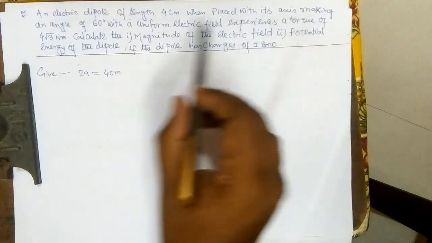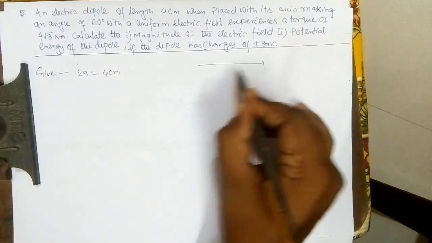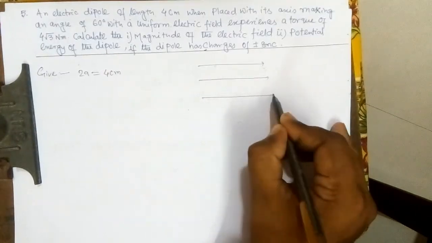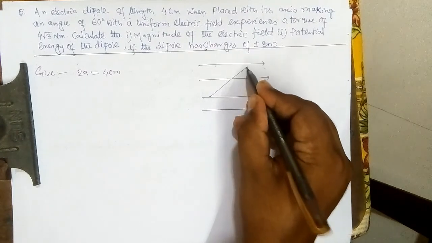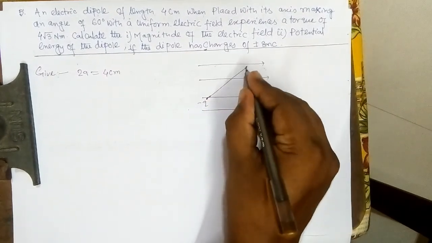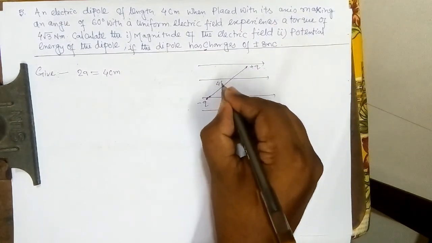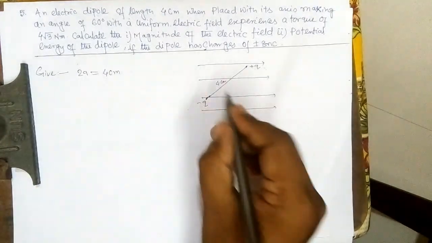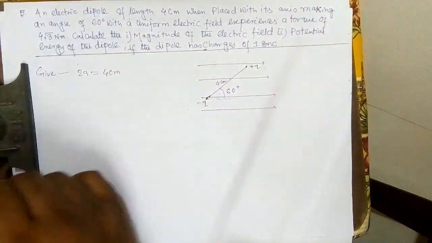Placed with its axis making an angle 60 degree in a uniform electric field. So assume it is an electric field, and one dipole is kept this way. It is minus q, it is plus q, and the distance between them is 4 centimeter, and the angle is 60 degree.